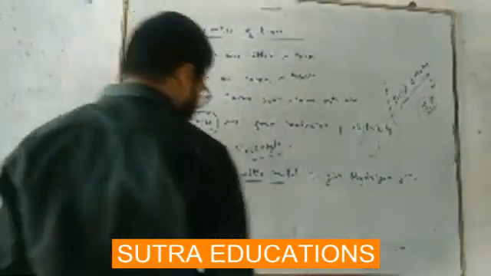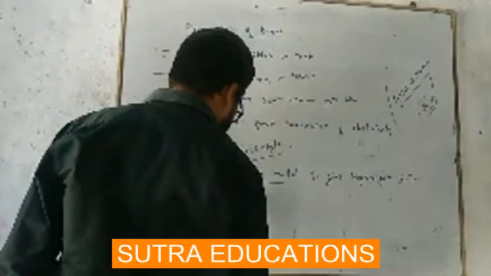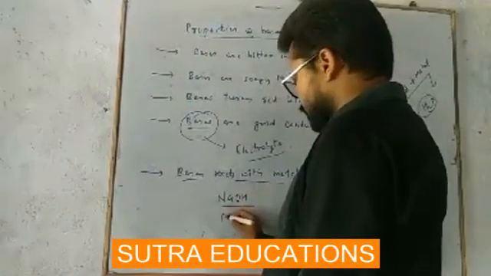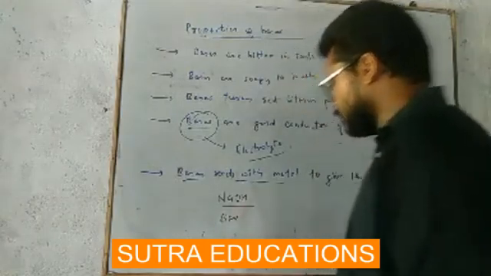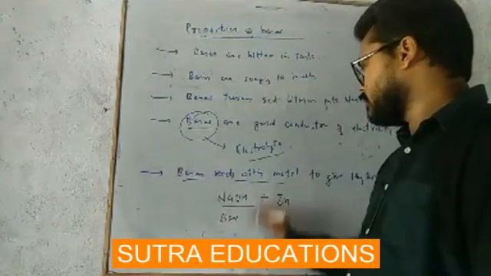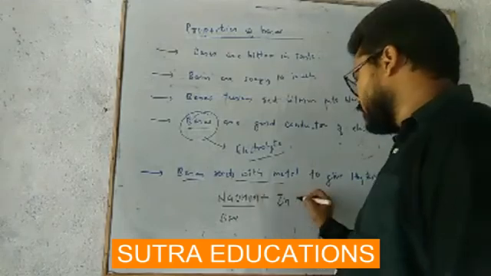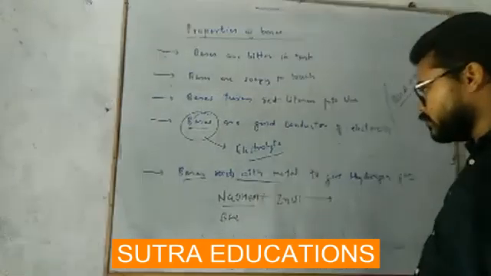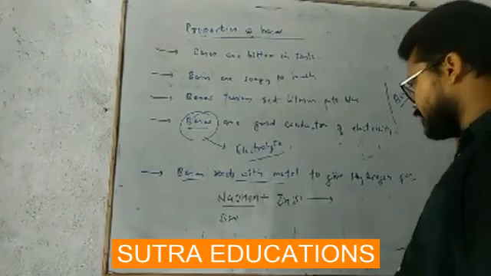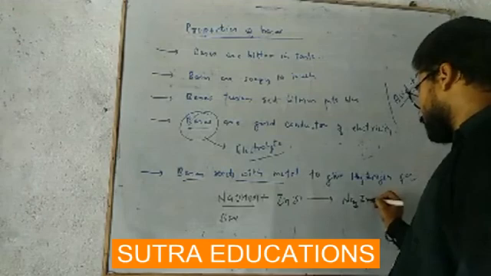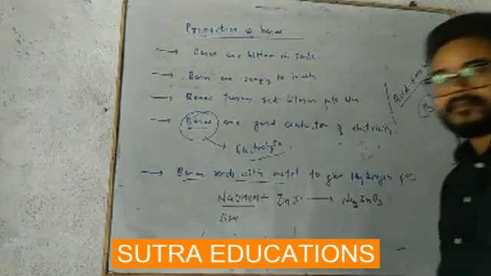For example, sodium hydroxide is a base. When it reacts with zinc, here it is aqueous, zinc is solid, then it produces sodium zincate, Na2ZnO2.